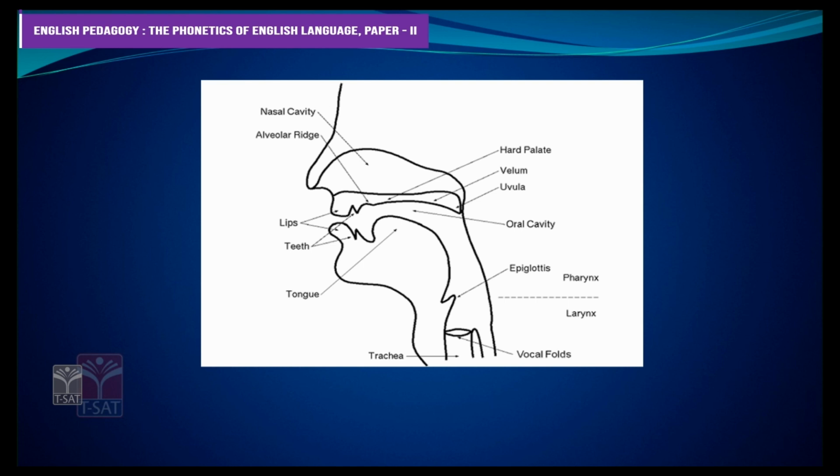The diagram has the labels of all speech organs that are associated with the production of speech sounds. So, the nasal cavity and alveolar ridge, lips, teeth, tongue, trachea, vocal folds, larynx and pharynx, epiglottis, oral cavity, uvula, velum and hard palate.